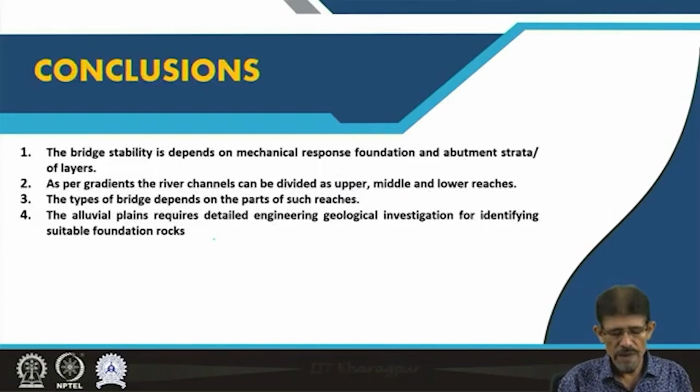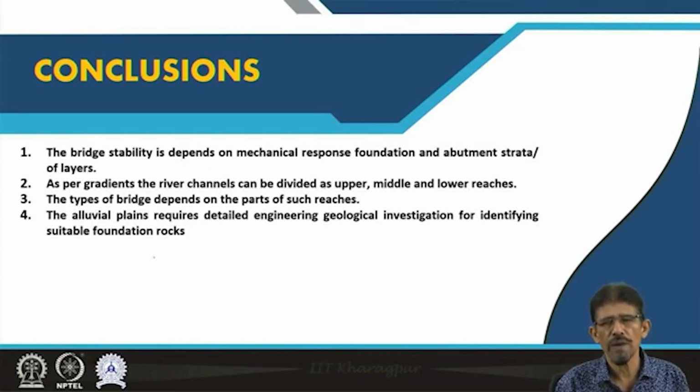Friends, today we have discussed the engineering geological consideration of foundation and abutment zones. The foundation strata require categorization and characterization because the foundation and abutment strata are going to hold the whole load of the structure, along with the imposed load in the form of dead load and live load of traffic.